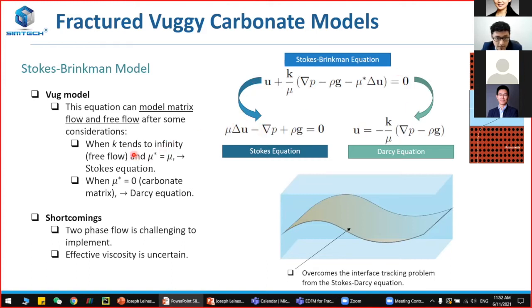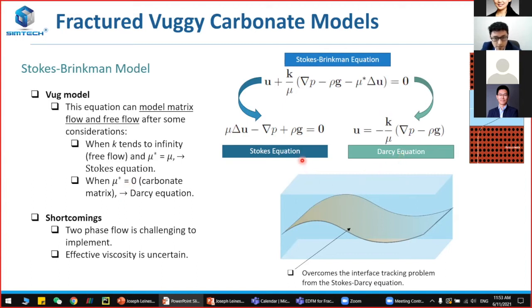When you are modeling the free flow region and you take permeability to infinity, and this factor called the effective viscosity to be the dynamic viscosity, you will arrive at the Stokes equation. On the other hand, if you model the porous region and take this effective viscosity as 0, you will arrive at the Darcy equation.